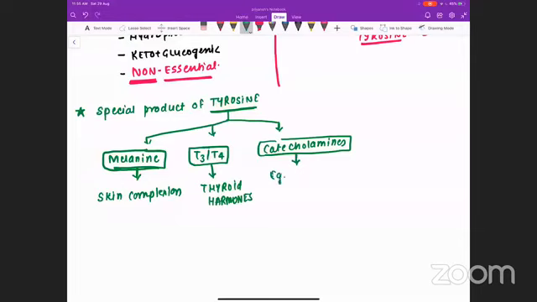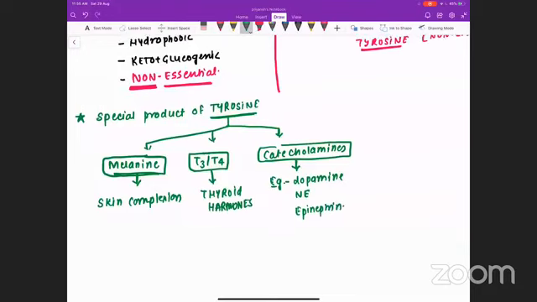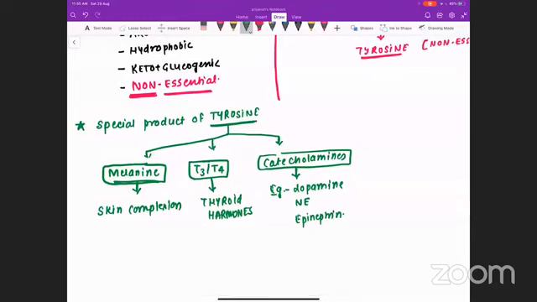Examples of catecholamines are dopamine, norepinephrine, epinephrine. All these molecules are synthesized by tyrosine. So what they will ask is, all of the following are special products of tyrosine except. They will give three names from here, and the fourth one will be the answer.